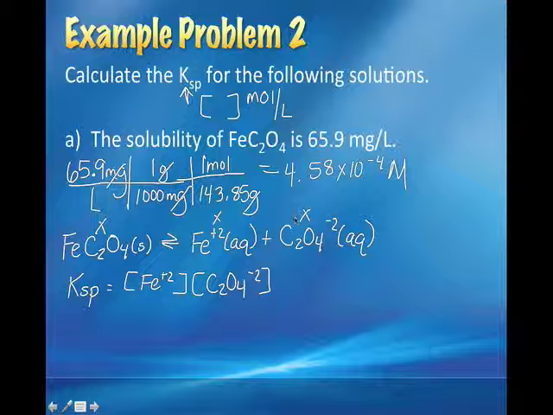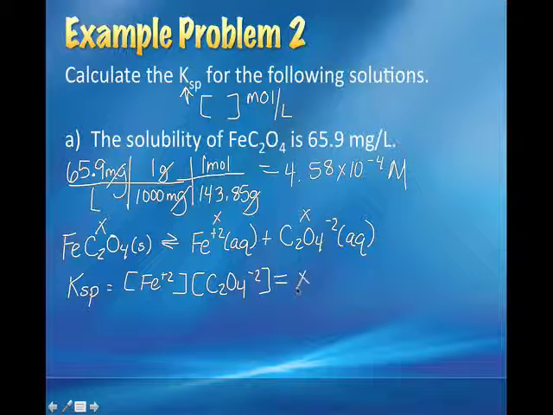If this were a 3, then this would become 3x. But since they're both just one of each, the molarity of this is going to produce the molarity of that and the molarity of that. So if this is what dissolves, then we know it's going to split into the iron and the oxalate ions. I know that that's what my concentration is going to be of these two individual things.